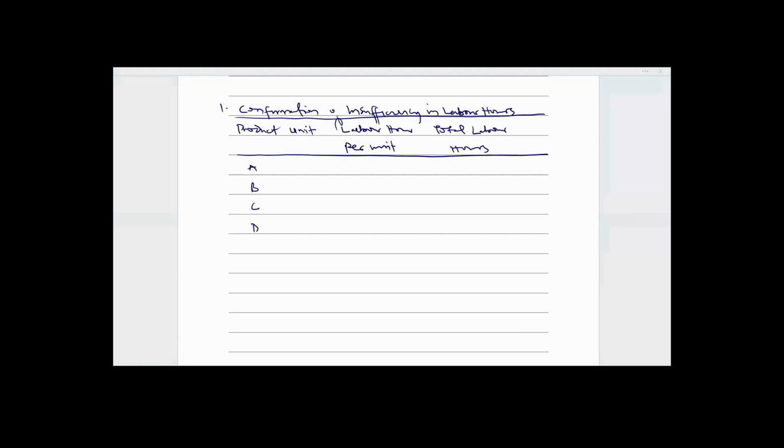Units for A, 20,000, 16,000, 24,000, 10,000. Let me confirm in that order. 20, 16, 24. Yes, correct. So let me do my table.